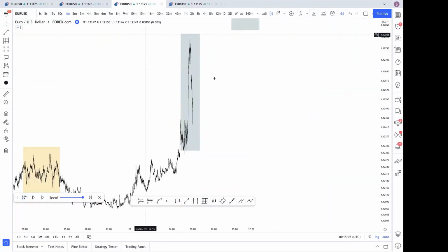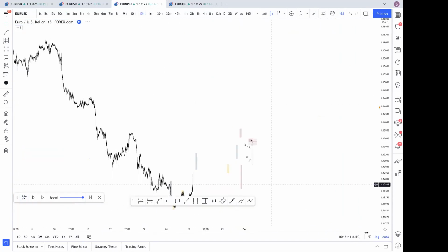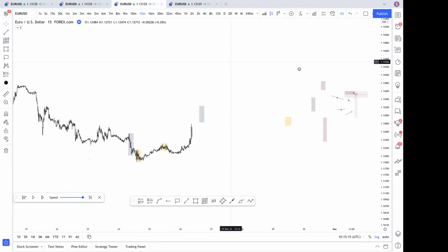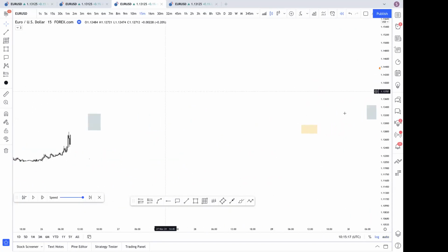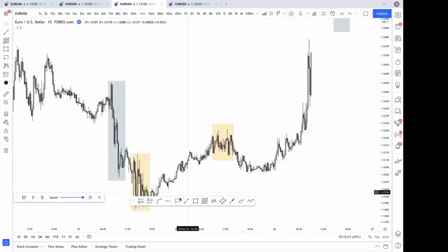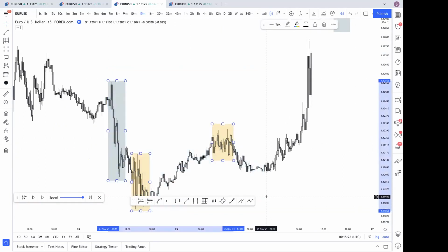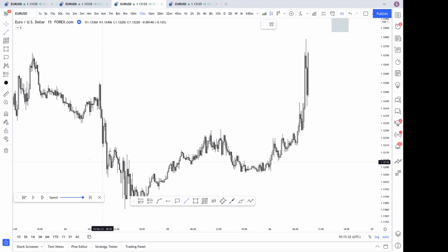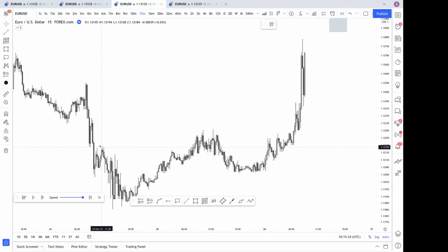Okay, again, let's work top down, and we'll see what we're working with. Okay, we can see that we have, let's delete all this. Okay, so we can see that we have bullish structure above this high.